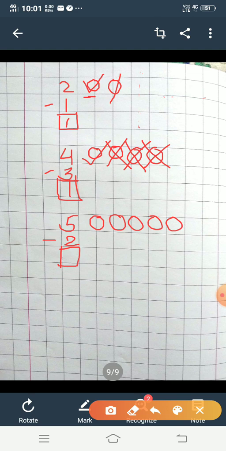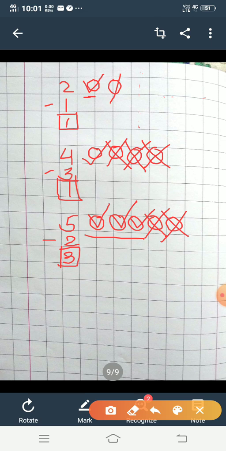So we will draw 5 circles and cut 2 circles, 1 and 2. How many are remaining here? 1, 2, 3. So the answer is 3.